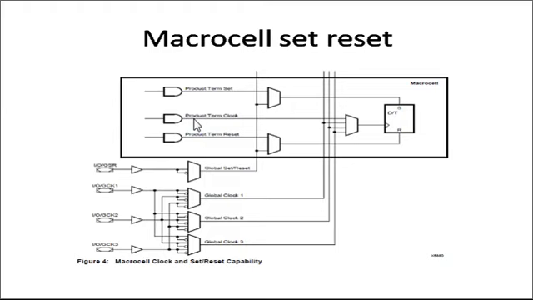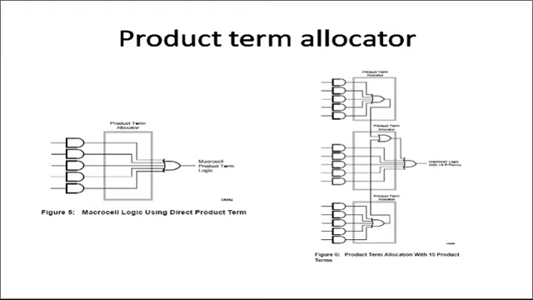Now what is the product term allocator over here? The product term allocator will give you the flexibility in using the product terms for the next state or for a macro cell. If you are not going to use anything, then this OR array has only 5 product terms. If you are using the direct product terms, it means you are not using more than 5 product terms.